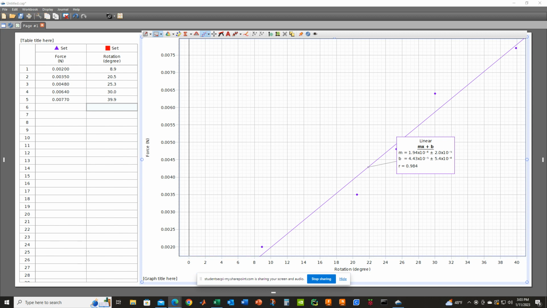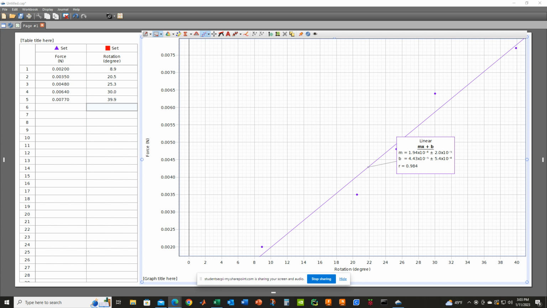Let me see how this slope is working for me: 1.94 times 10 to the -4th. Oh, I didn't put it in right. Didn't put my asterisk in.